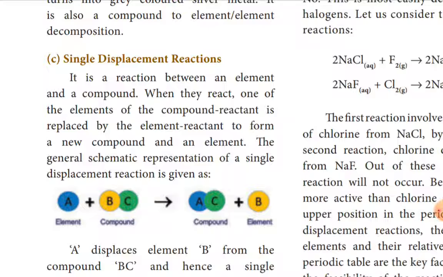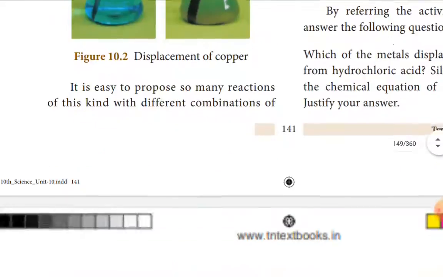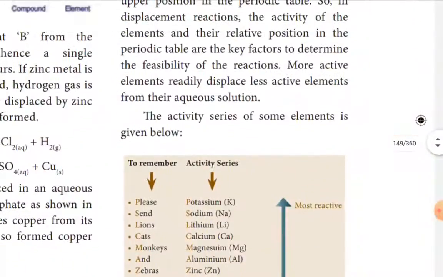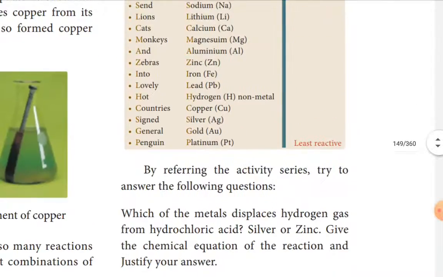An element displaces an element from the compound, so a compound and an element are formed, and examples are given. And next, see the reactivity series given. Normally a highly reactive element displaces a less reactive element from its compound solution.